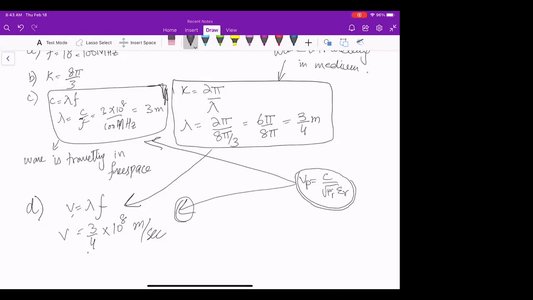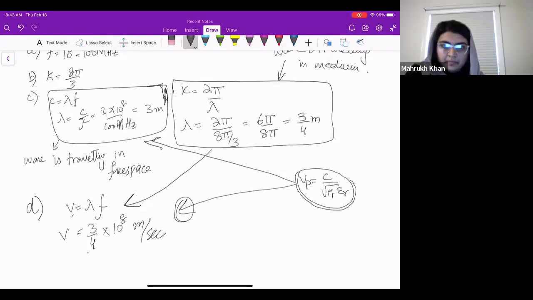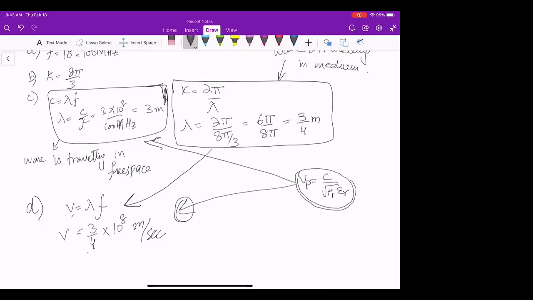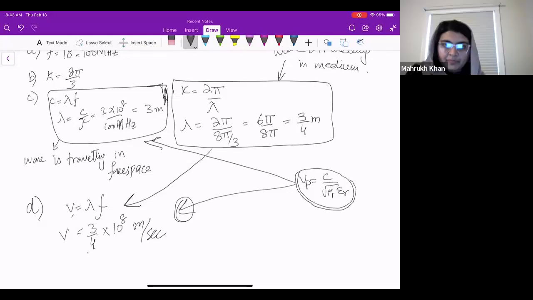Quick question too: for C equals lambda times frequency, will we ever have to use that? No, we are not using it. Someone has said that this formula is right, but we cannot use it because we don't yet know whether our wave is moving in free space or not.